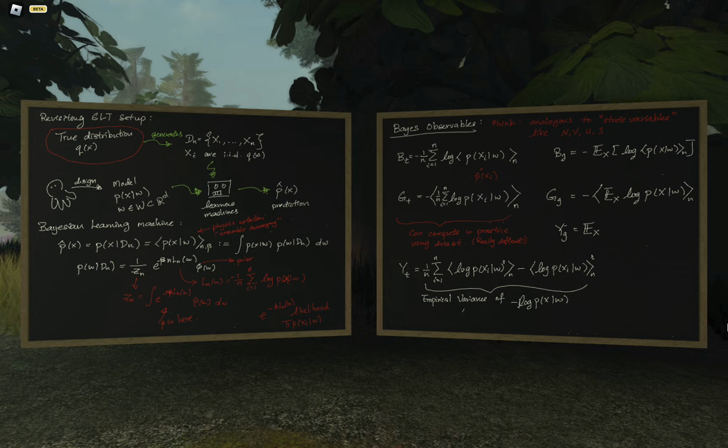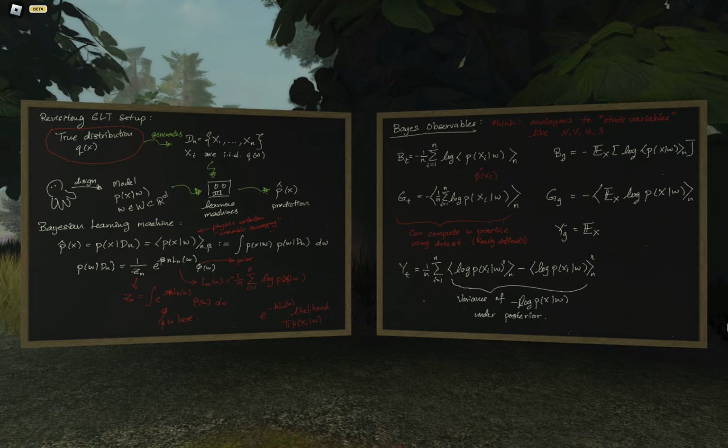Sorry, I said something wrong. So that's the variance, and it's not empirical. It's under the posterior.